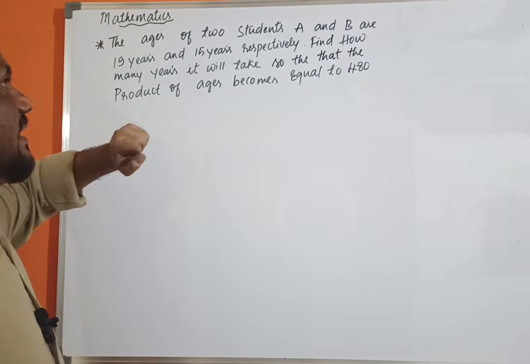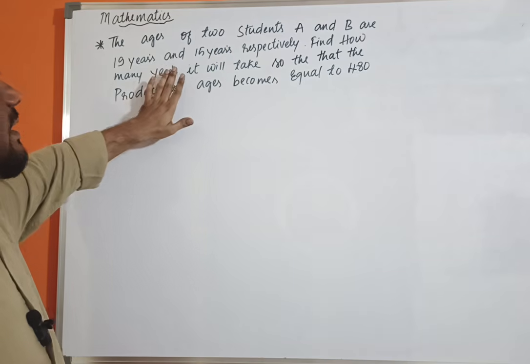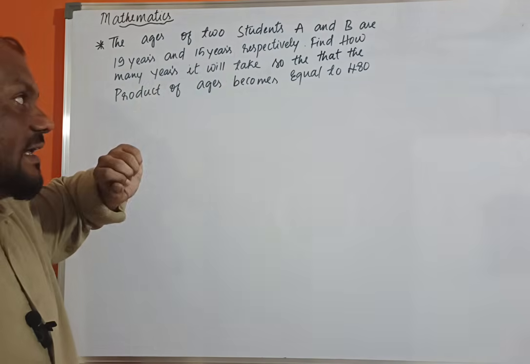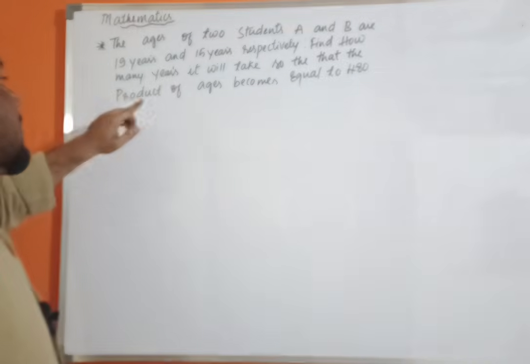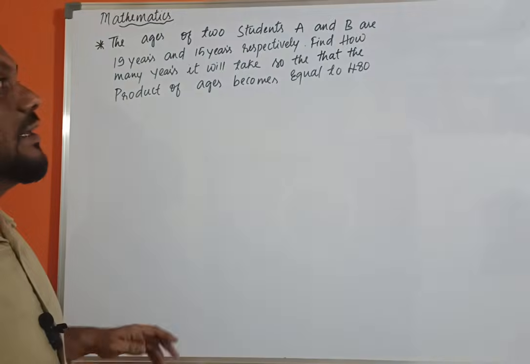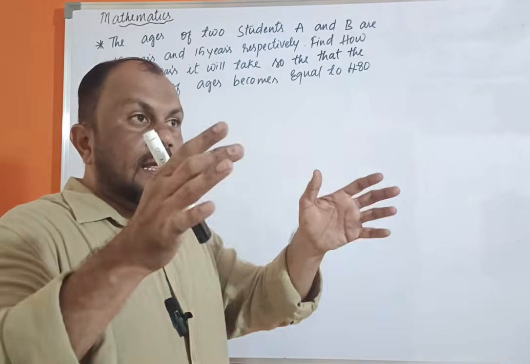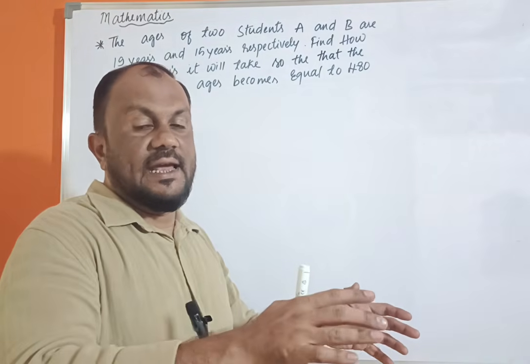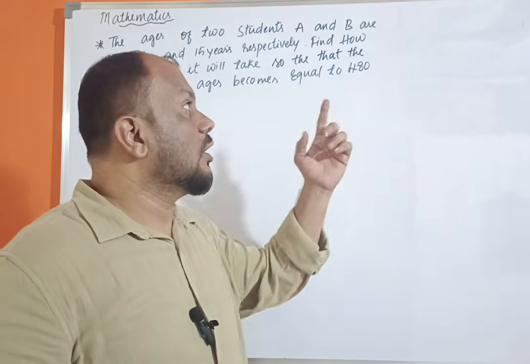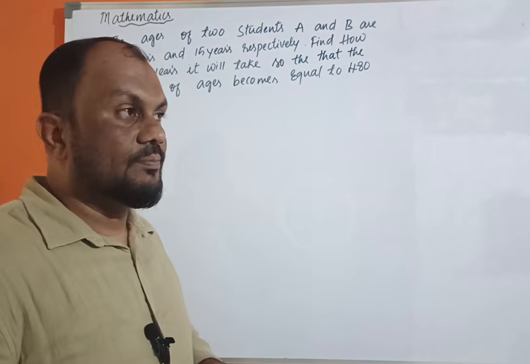Age of A is 19 years, age of B is 15 years. Find how many years it will take so that the product of ages becomes equal to 480. Means product of ages, A age into B age, is equal to 480. How many years it takes? We need to find out.